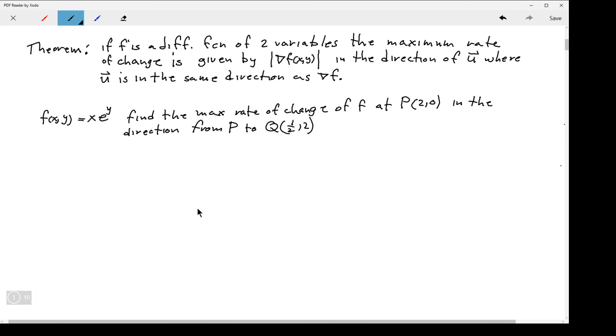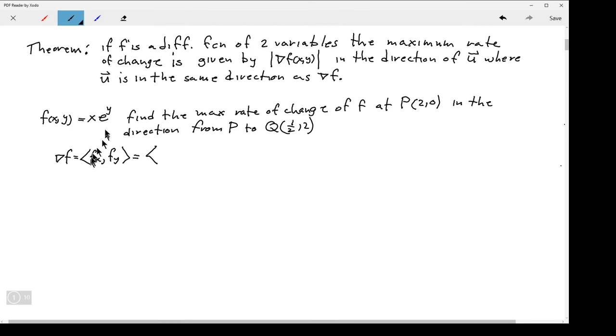We are dredging up a whole lot of vector information that we haven't looked at in a number of weeks. First of all, we need the gradient. That's not hard to calculate, it's just the first partials. So the gradient of f is going to be fx, fy.